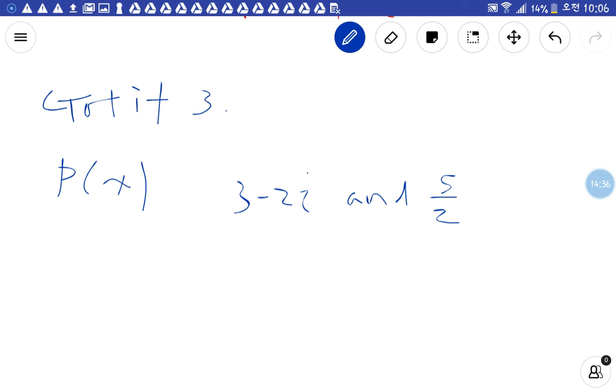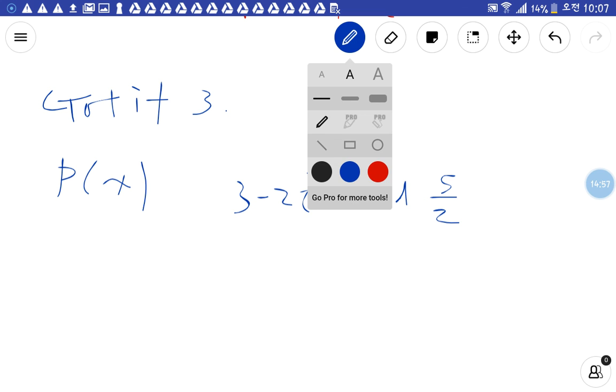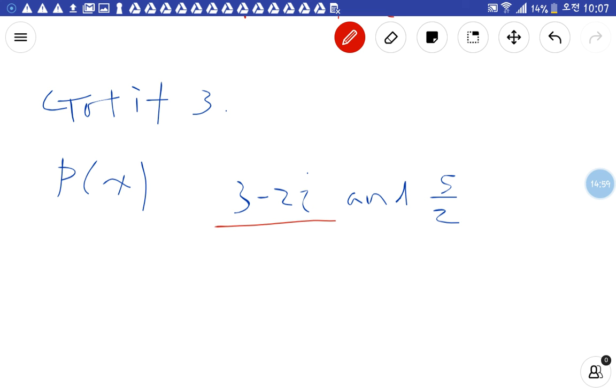So think about it. I have two roots presented, which are 3 minus 2i and 5 over 2. Is 5 over 2 an irrational number or a complex number? What do you think? 5 over 2 is a rational number. So we don't have a conjugate root for it, but 3 minus 2i should have a conjugate root.